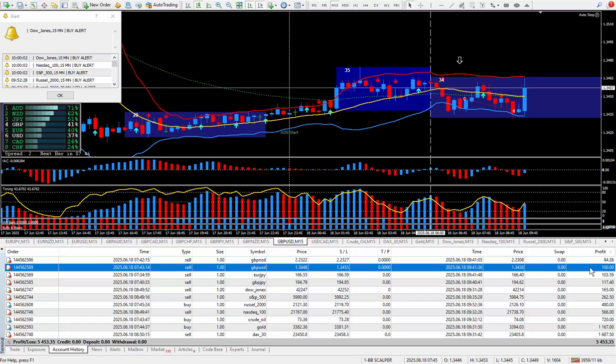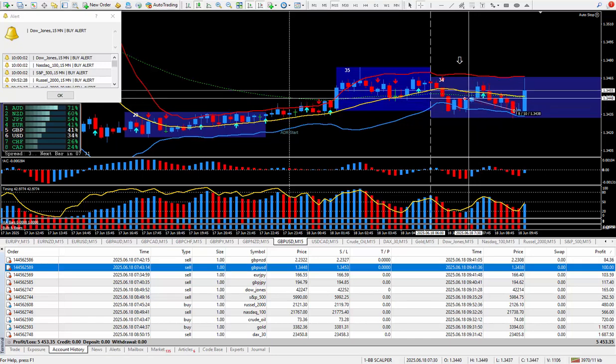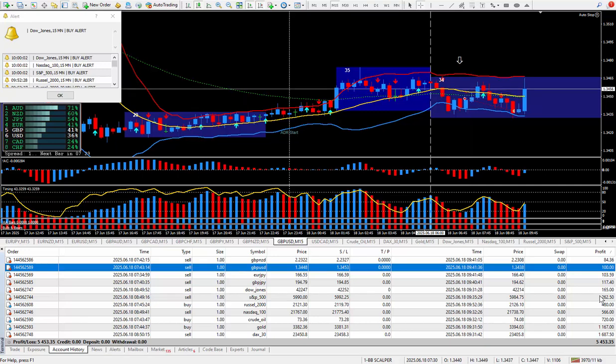Looking at the money, and since it pays $10 for each pip, it's easy to see. This is 10 pips, so let's go and look for those 10 pips. There it is right there, 10 pips paying out $100.